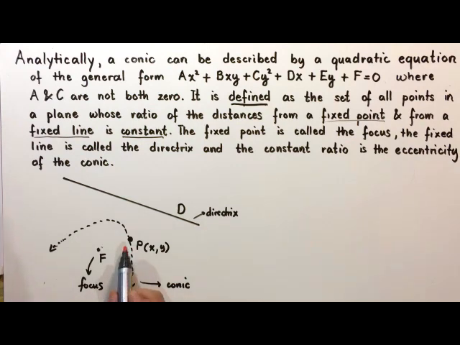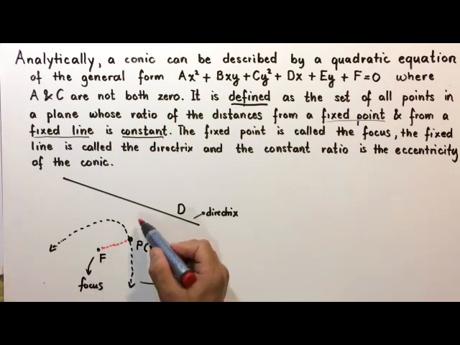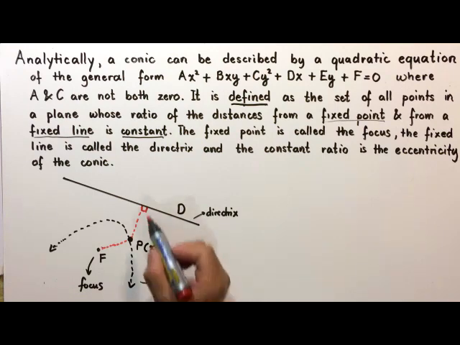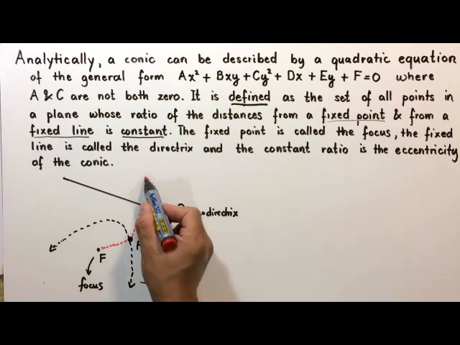So the distance of this point from the focus, here, and the distance of this point from the directrix, which is the straight line. When we say distance from a straight line, it's the perpendicular distance. The ratio is what we call the eccentricity of the conic. So how will I write that one?